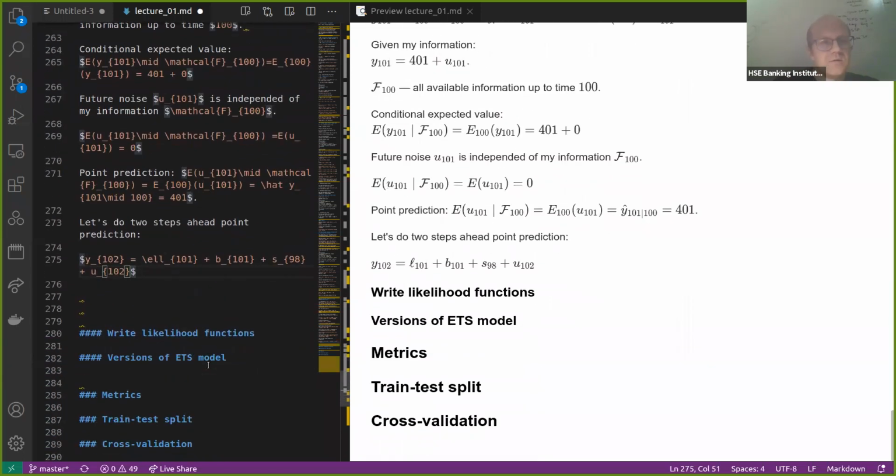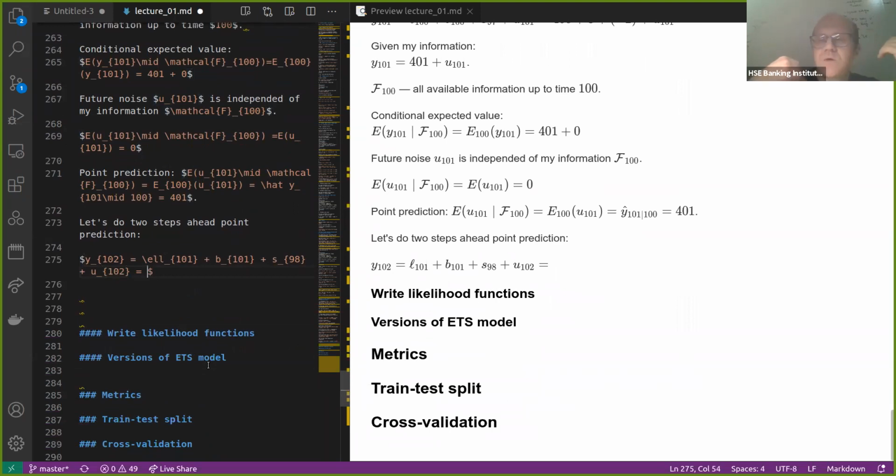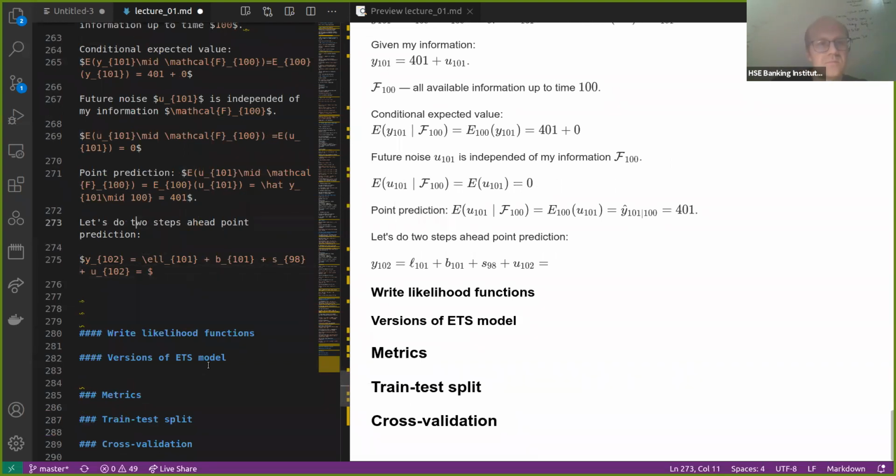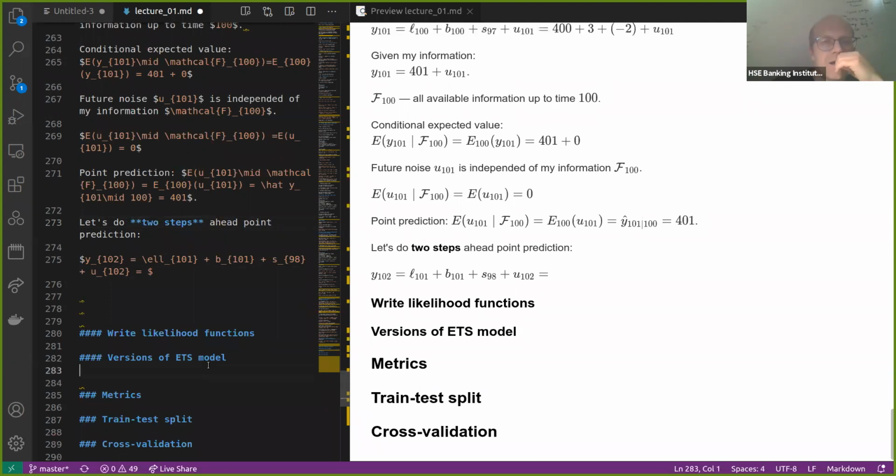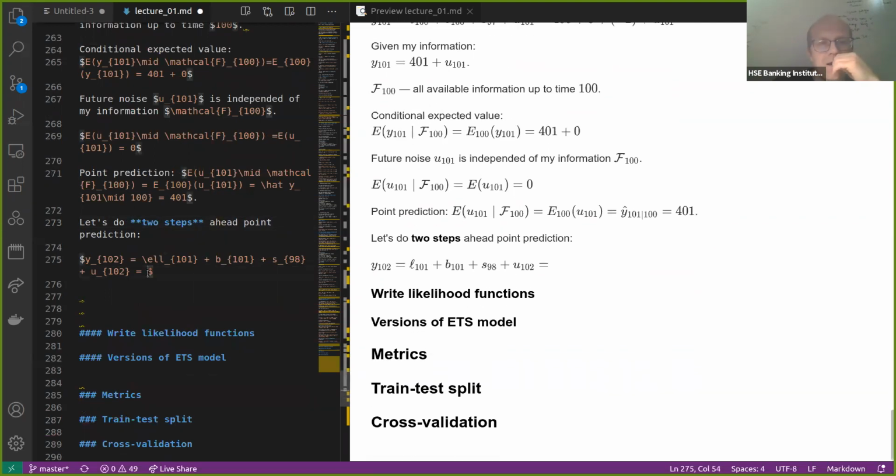What do we do next? Who can tell me the equation for L101? What is the first term in this equation? Yeah, Konstantin is right.